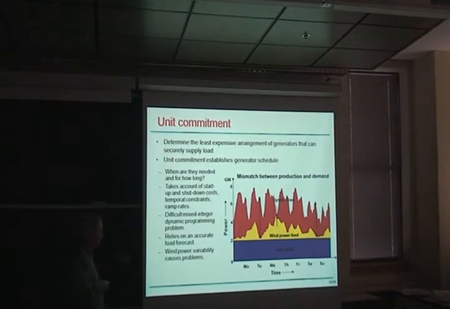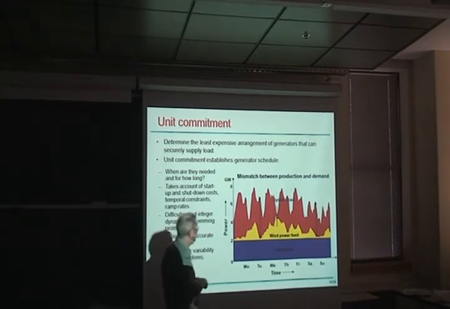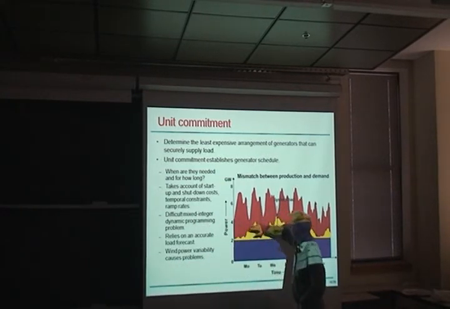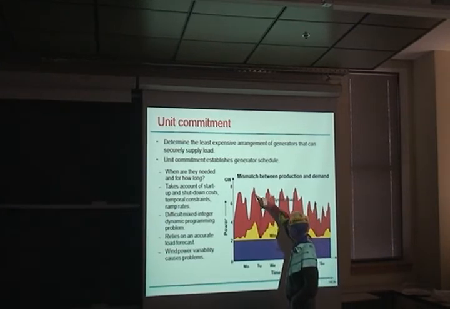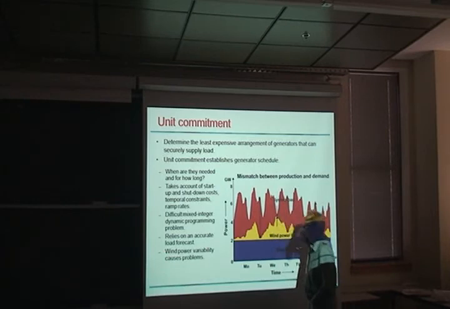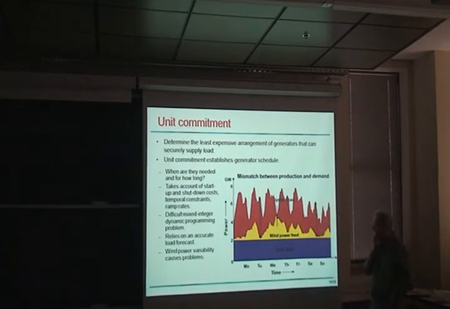And now, these days, it's also based on a forecast of what the weather is going to be like. And so this optimization determines when and which generators, to ensure that the generation in service can serve the total demand at all times.